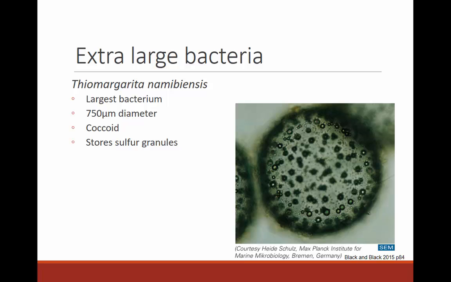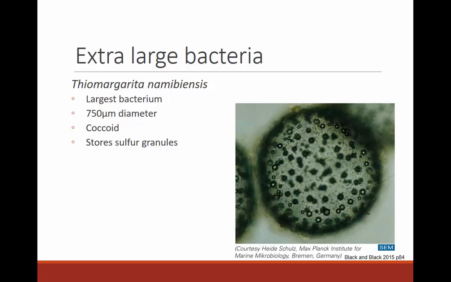It's known as Thiomargarita namibiensis, because when the light hits it, those granules in the cell, which are sulfur granules, glow. And they typically grow in chains, so it's like a chain of pearls, hence the name.